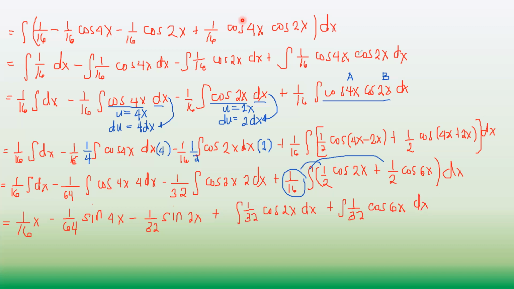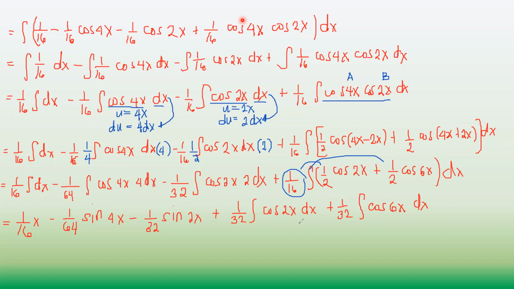Naghiwalay lang natin. Ngayon, labas ko na yung constant. Kasi iyon ay constant. So, labas na 1/32 integral ng cosine 2x dx, plus 1/32 integral ng cosine 6x dx.